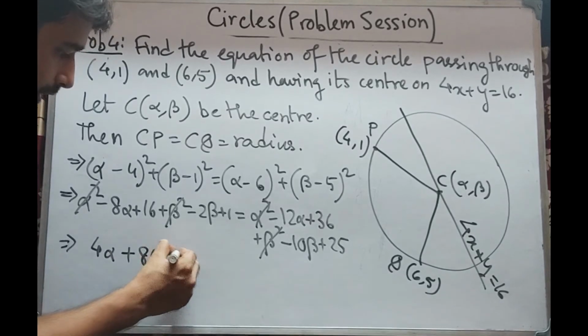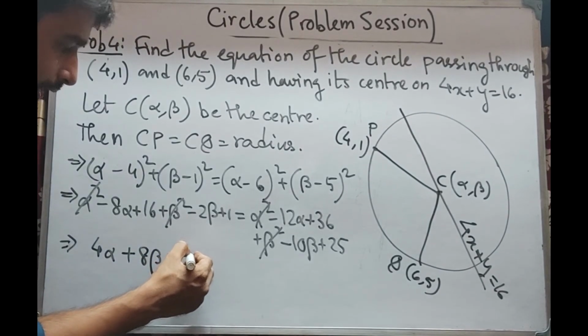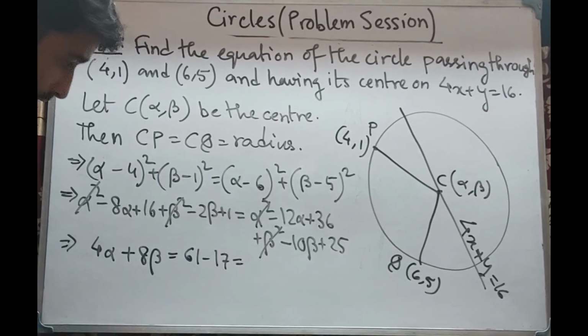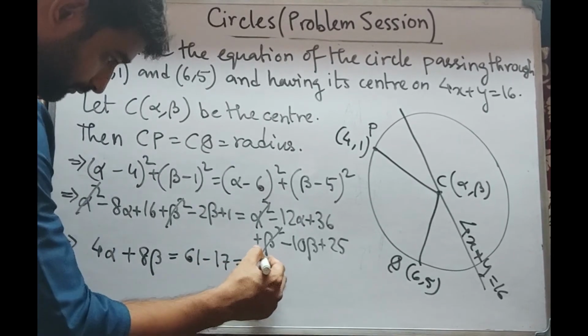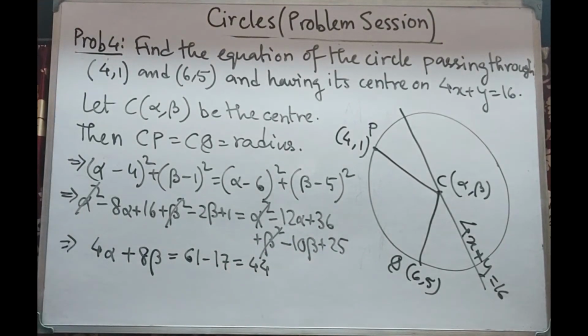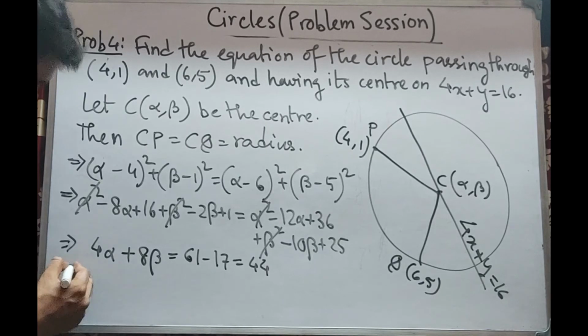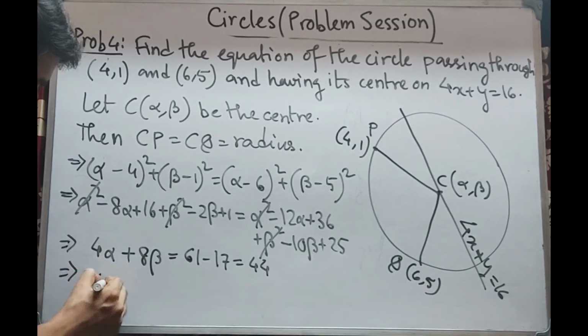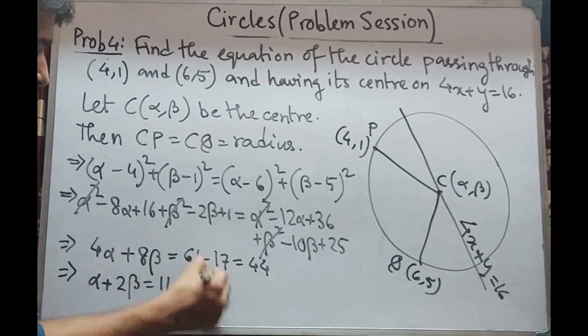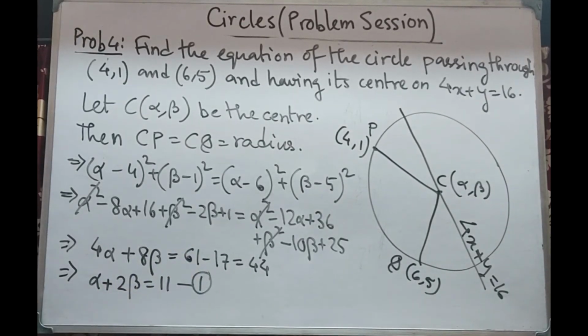So basically we are keeping the constant on the right hand side, so 61 minus 17, and it is 44 I think. So we can easily take that factor common: alpha plus 2 beta is equal to 11. So this is our first equation in terms of alpha and beta.